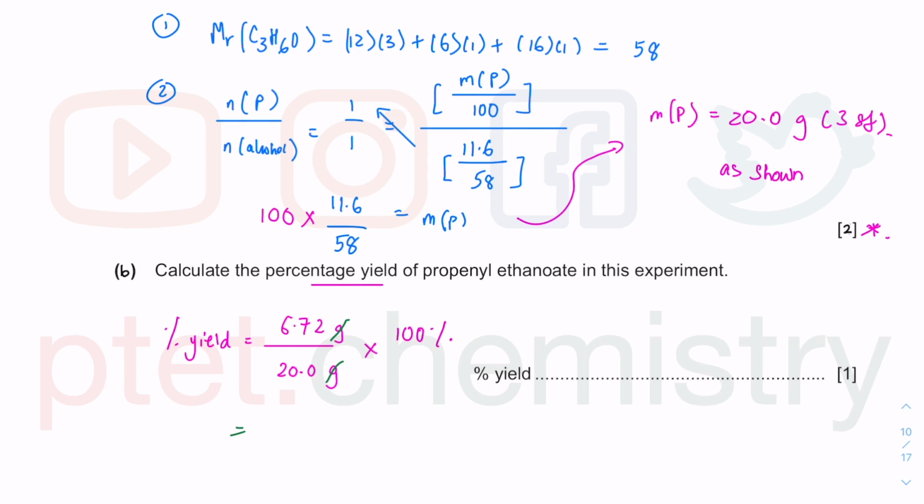I get 33.6 gram. Previously I had everything to 3 sig fig. They didn't mention how many sig fig, so I just leave this as, oops, sorry, it's not gram, it's percentage, as I mentioned, because I already times 100%, the gram has been lost. Okay, so include percent in your unit as well. So that's the end of that question there.